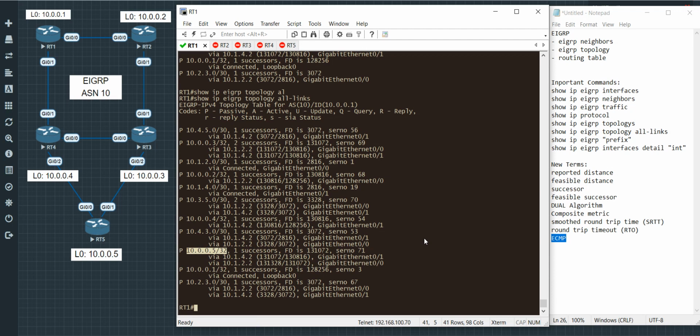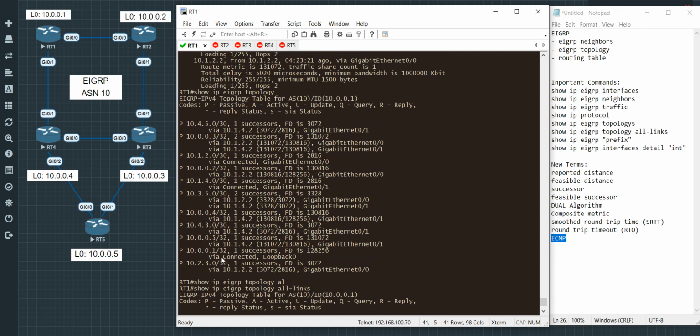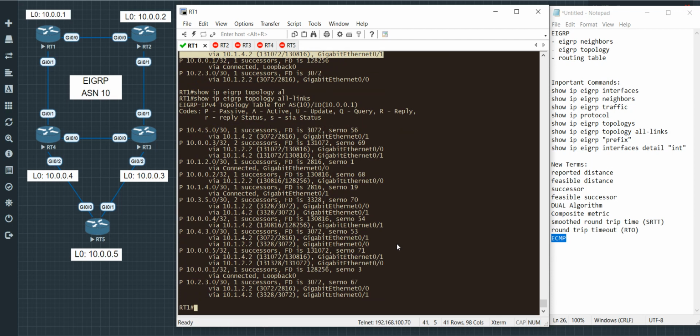The reason why we only have one entry in this particular output is because in order for a route to be considered a feasible successor, it has to meet the condition that this particular value here, the feasible distance, must be higher than the reported distance.